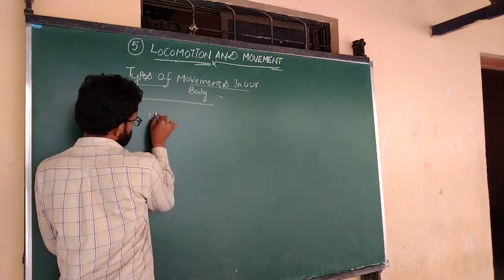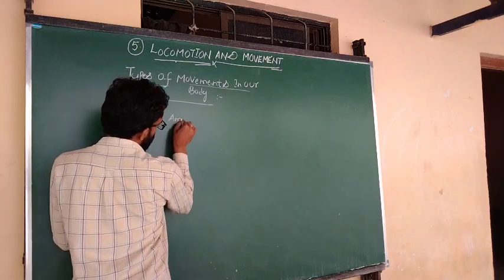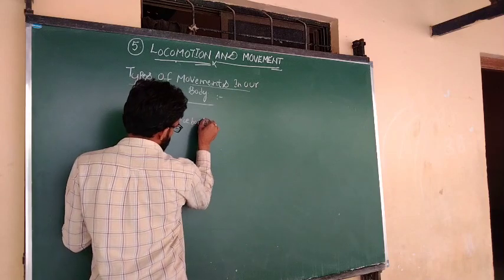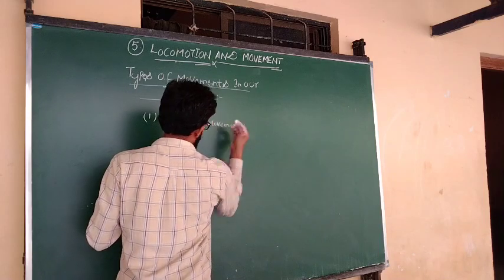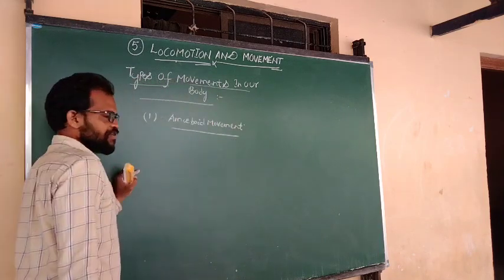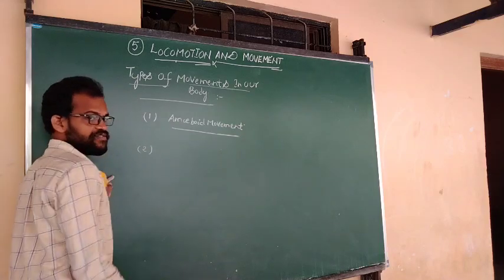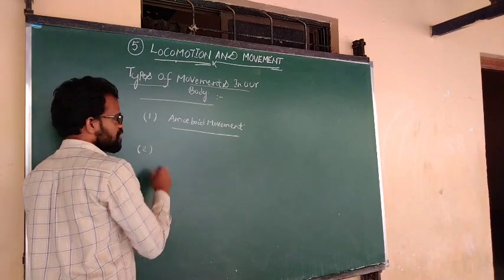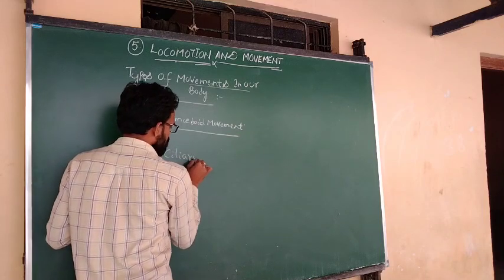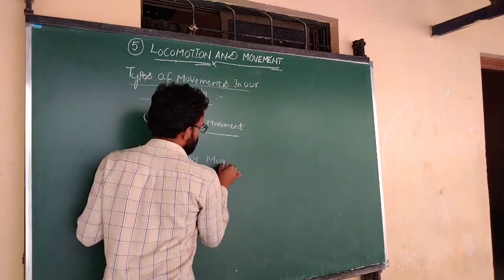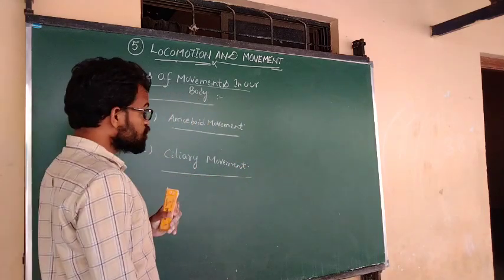The first type is known as amoeboid movement. The second type of movement, after the amoeboid movement, is ciliary movement. Which type of cells will exhibit ciliary movement in our body?